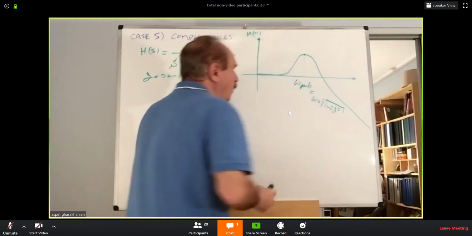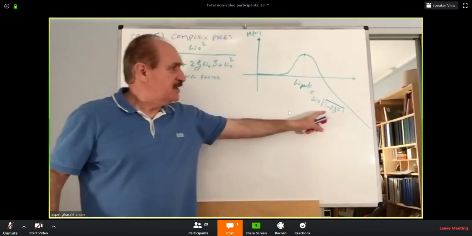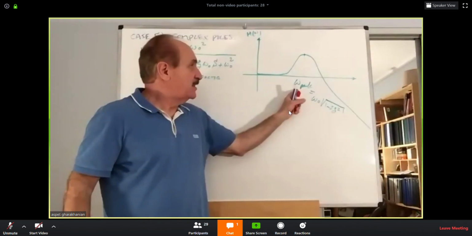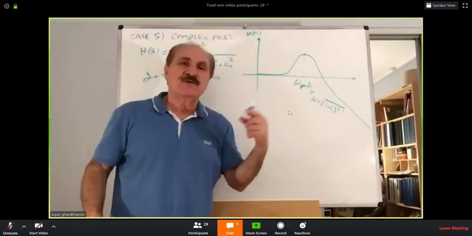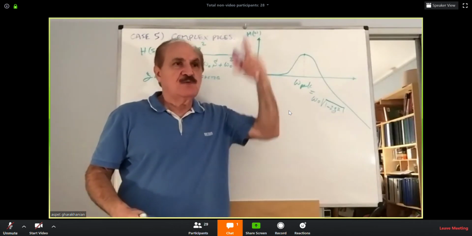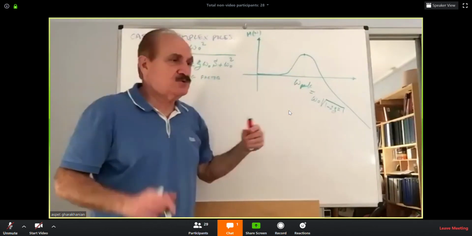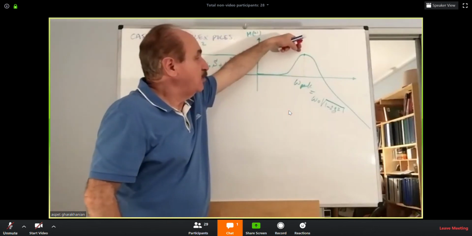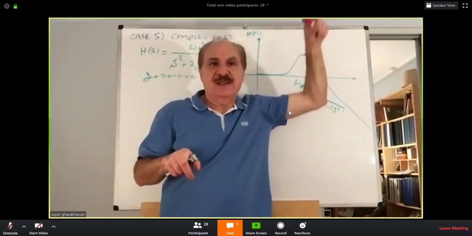So depending on the value of zeta, omega O is multiplied by that, and that will be a sort of resonant frequency. The system will have a maximum gain at that point. So if you're putting a sine wave in, your gain is the highest at that point. So it will enhance that amplitude.